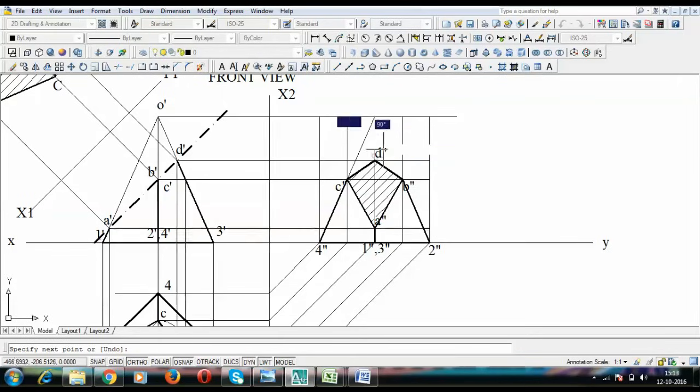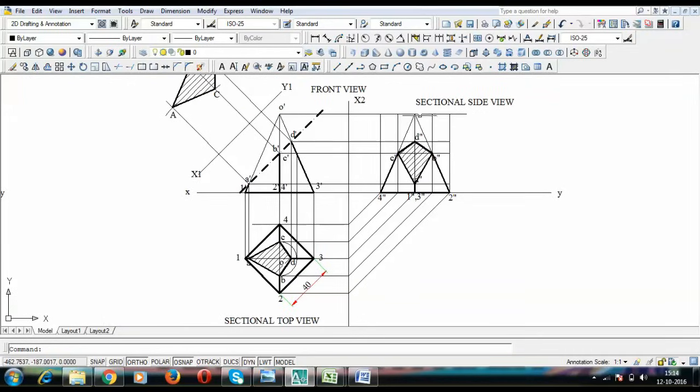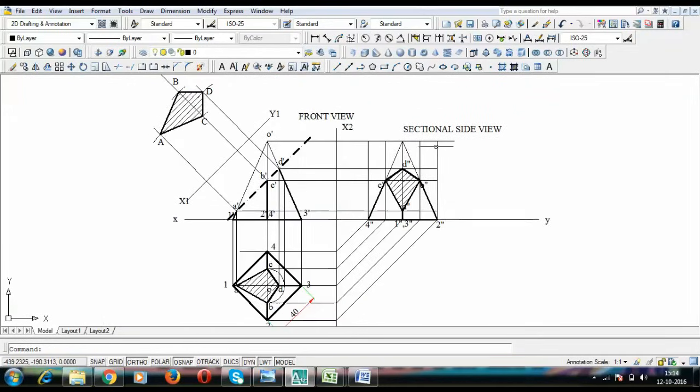One more advice, guys, you need to remember this: wherever you are darkening, make use of an H pencil, and the remaining drawing can be prepared with the help of a 3H pencil. So this is what you call the sectional side view, or to be more specific, the sectional left hand side view. Sectional side view, that's it.